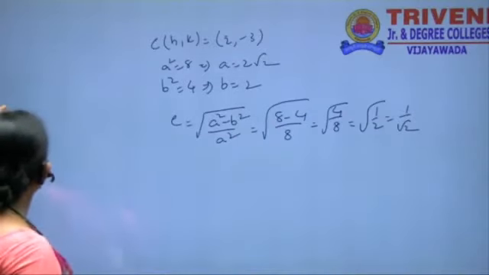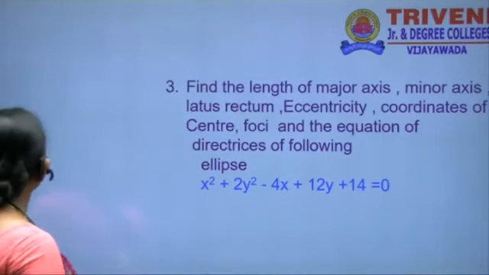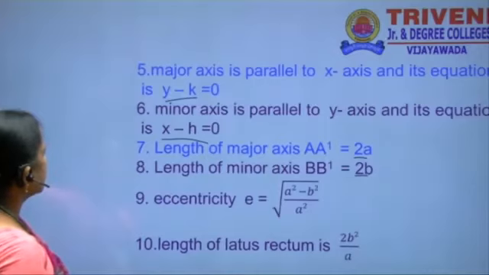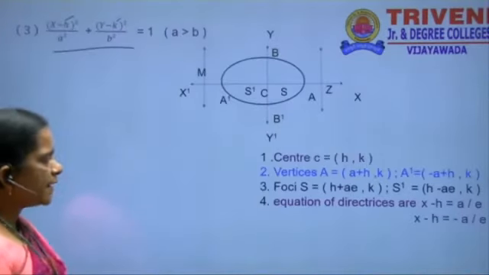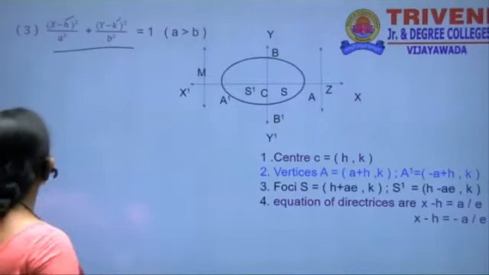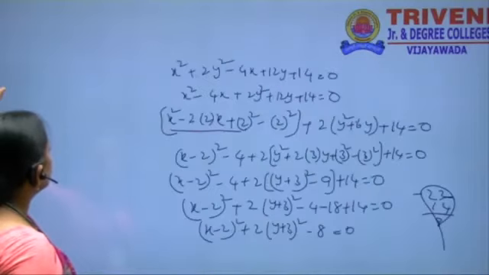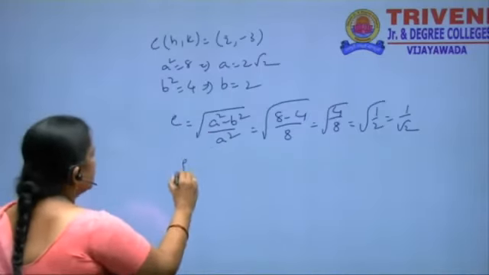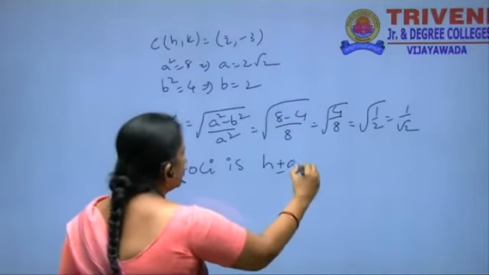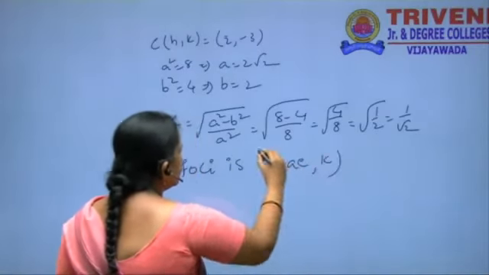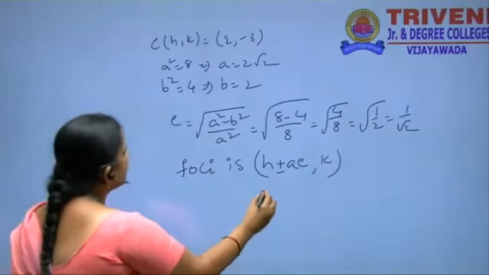And then again you have to find the coordinates of foci. What are the foci here? The formula of foci is h plus or minus ae comma k. Already you know the values of h, k and ae also. Then substitute here.